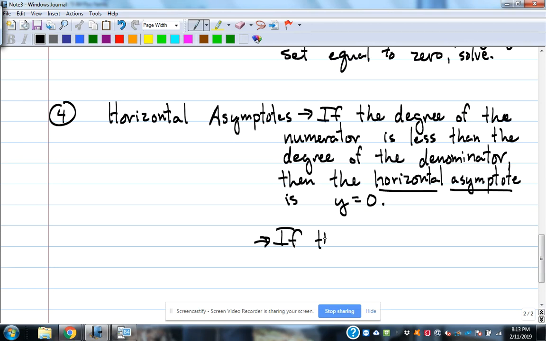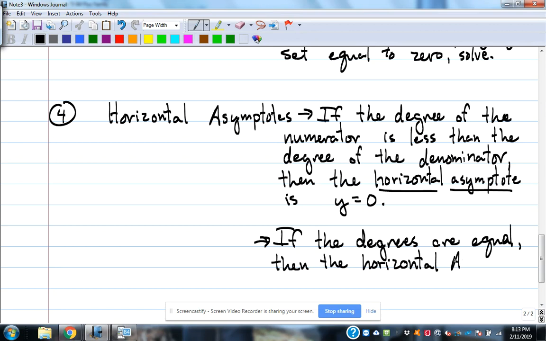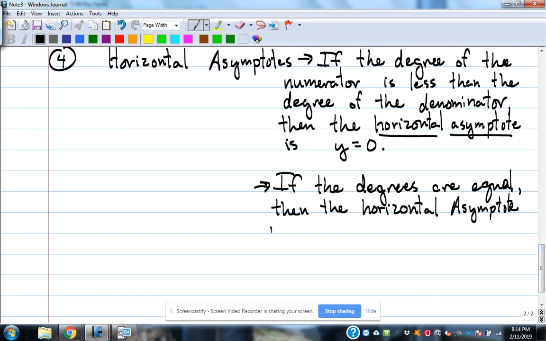If the degrees are equal, then the horizontal asymptote is the ratio of the leading coefficients.